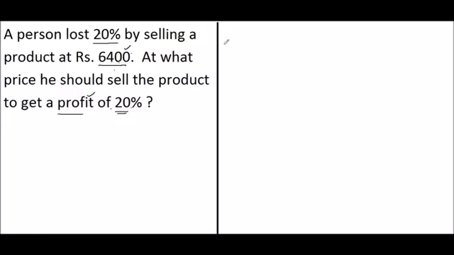Why don't we do this question with one step? Very, very important, you see. With only one step, we can do this one. What is that? Try to understand this question. Now, selling price is 6,400 and the loss percentage is 20. All right.